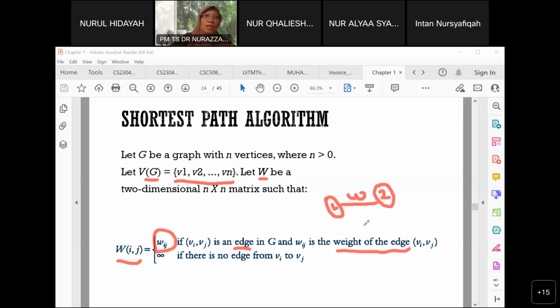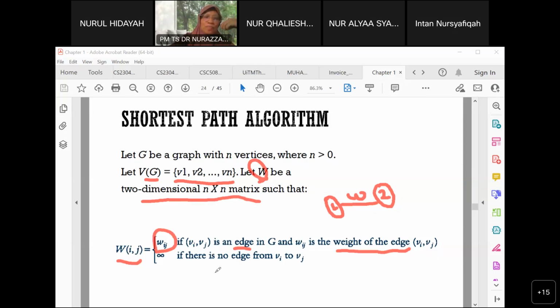That means dia nak kira berapa, what is the minimum cost contohnya, okay, to travel from one place to another place. So nanti dia adalah W ni is the two-dimensional n by n matrix that will contain the entry of the weightage of that edges.